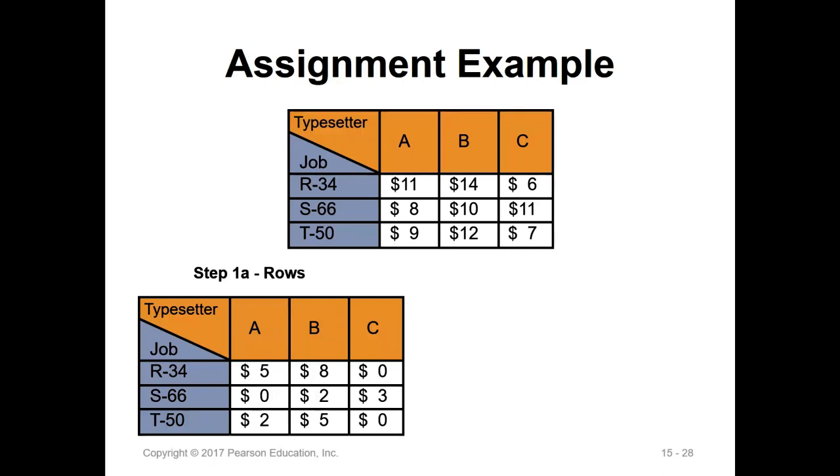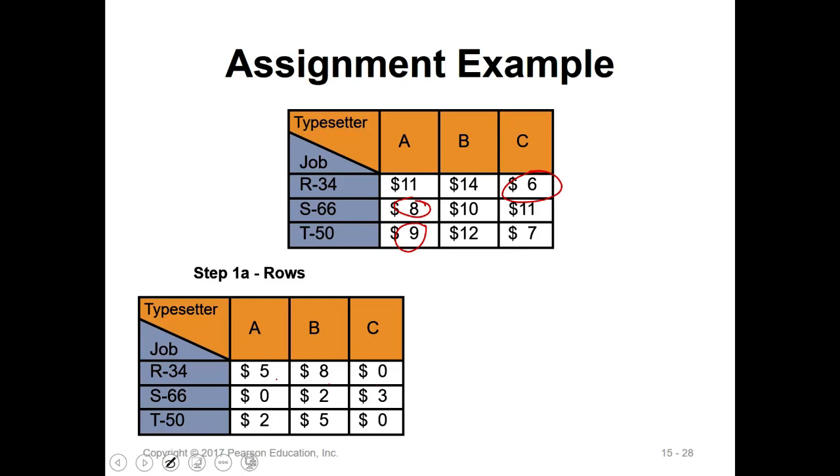Because 6 is the minimum number, we subtract 6 and get 5, 8, and 0. For the second row, we subtract 8, the minimum number. For the third row, it is 9. Now we end up with this new matrix.